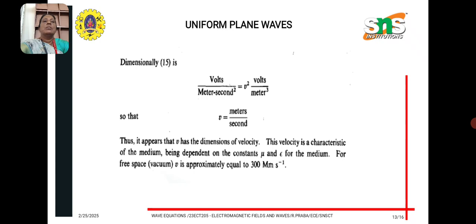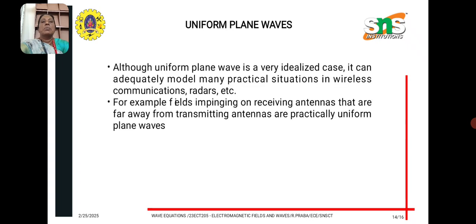So v is equal to meters per second. So this is the dimension of velocity. This velocity is a characteristic of the medium, being dependent on the constants μ and ε of the medium. For free space, v is approximately equal to 300 meters per second.